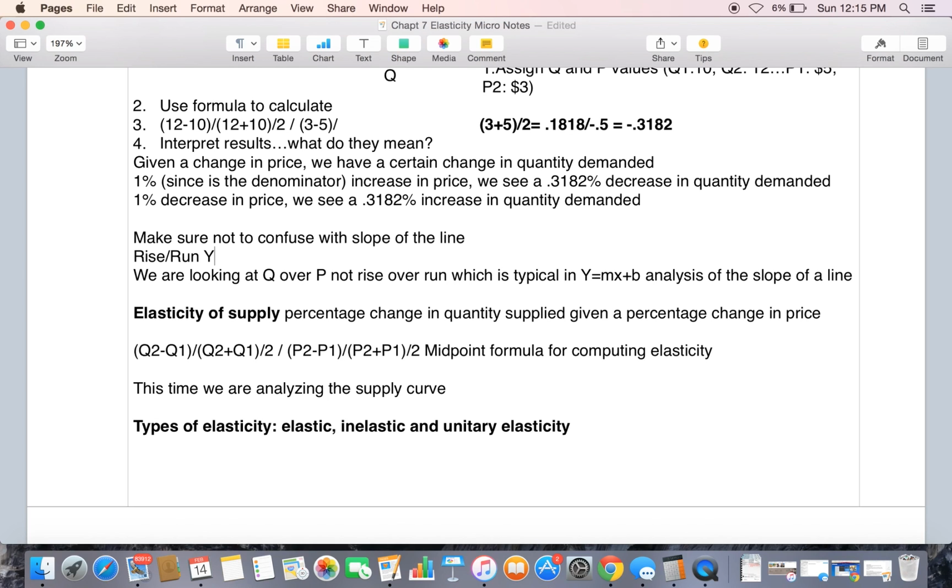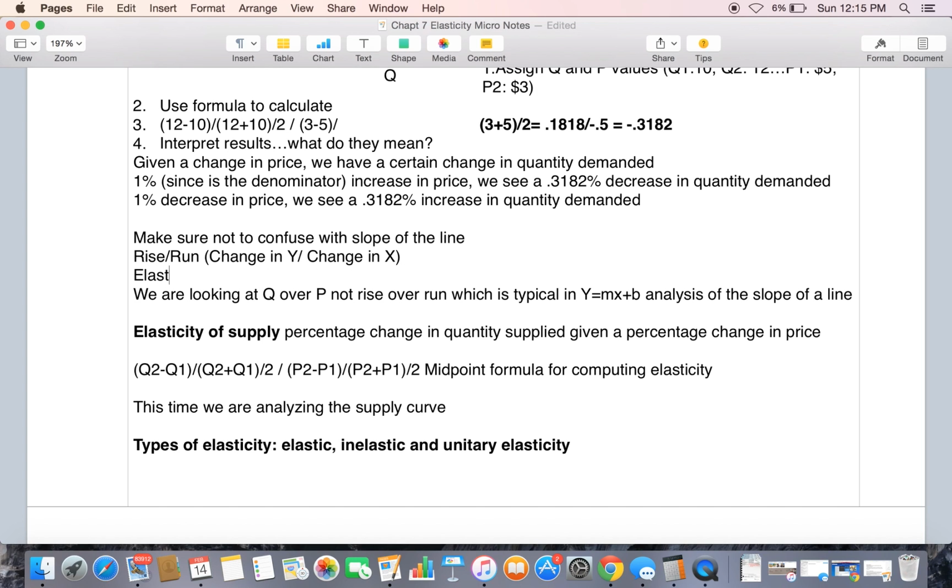The rise being the change in y over the change in x. And that change in y over change in x corresponds to our x and y axis. Now, when we're looking at elasticity, note we are looking at the run over the rise.